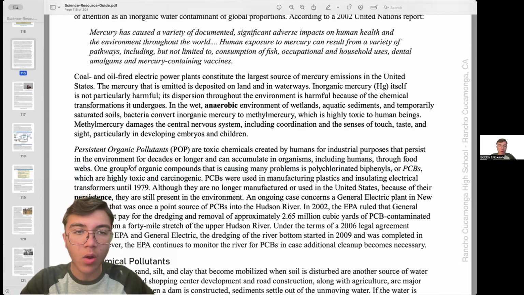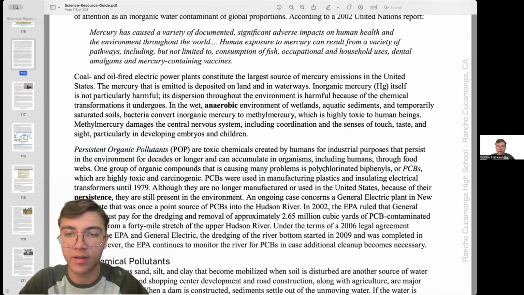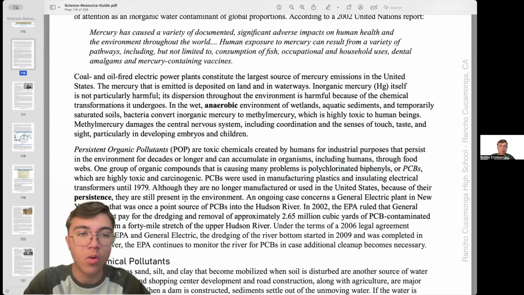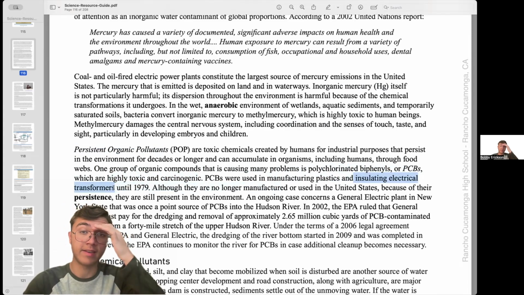And so one specific persistent organic pollutant here is polychlorinated biphenyls, or PCBs, which are highly toxic and carcinogenic. So carcinogenic means cancer forming, and they're highly toxic. So these were at one point used in manufacturing plastics and insulating electrical transformers until 1979.